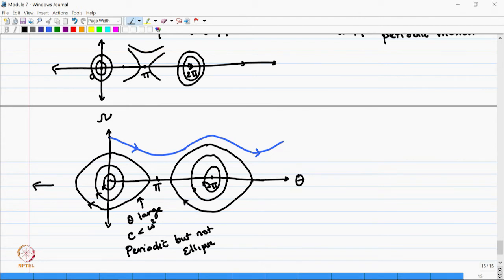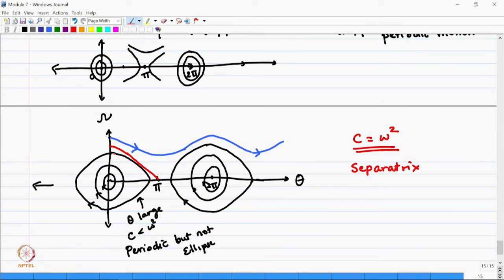So now there is a boundary. The boundary of these trajectories, when c equals omega square, is called a separatrix. Now when c equals omega square, then the pendulum, wherever you start off, will go exactly up to pi.